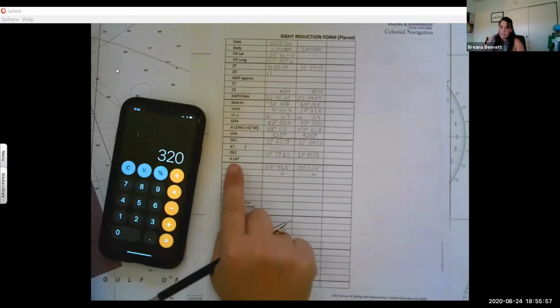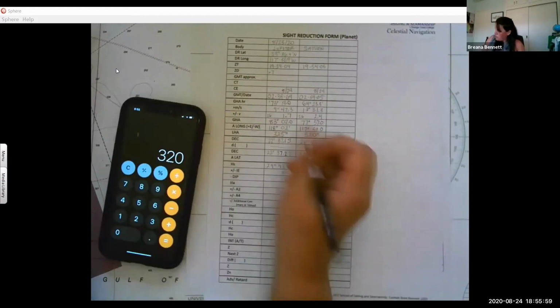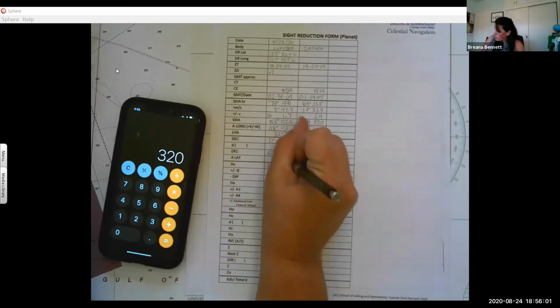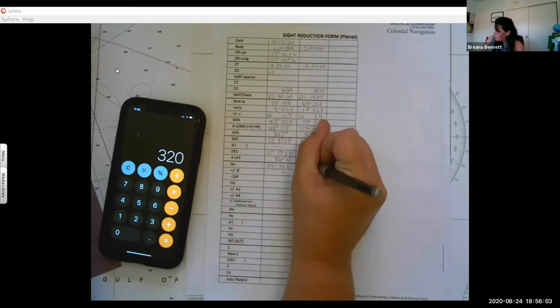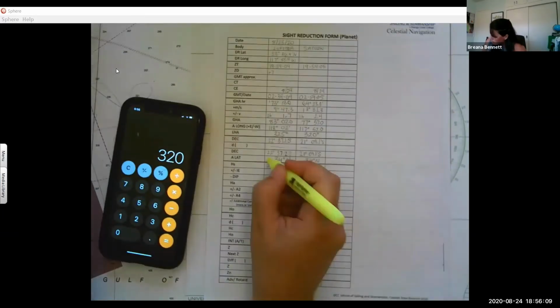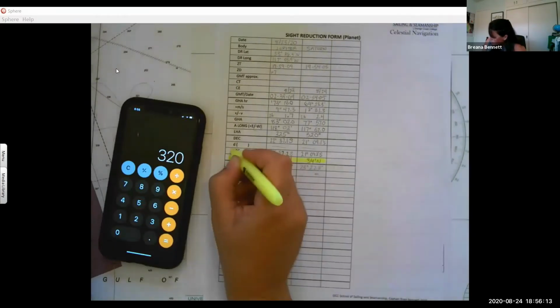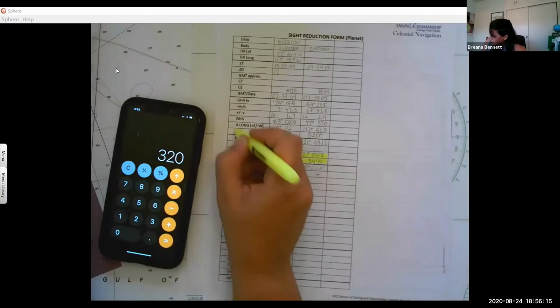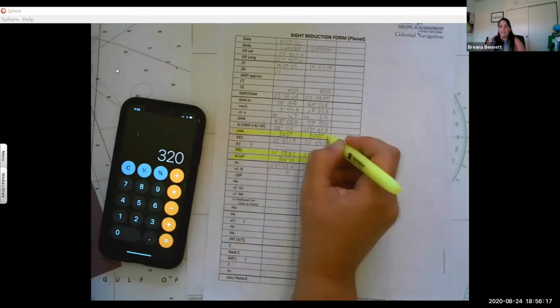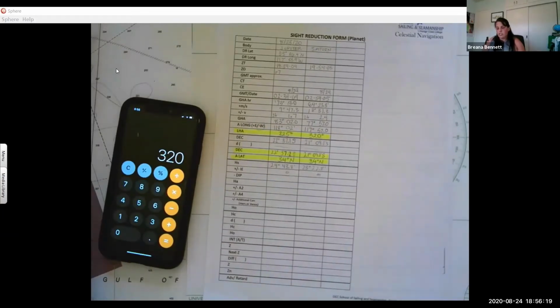Our assumed latitude, we're going to round up to 34 degrees north. And now we have our latitude, our declination, and our LHA. And those are the things that bring us to Pub 229.